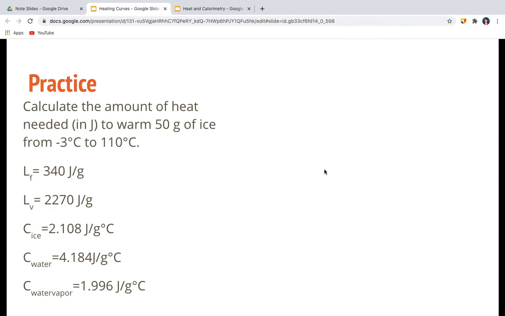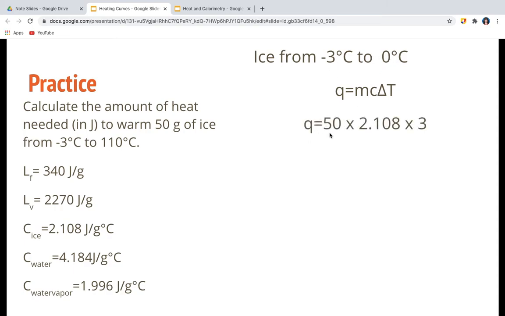So for our first step, we're going to use Q equals mc delta T. We need to use the specific heat for ice, because this is ice going from -3 to 0. So we have 50 times the specific heat for ice times the temperature change.